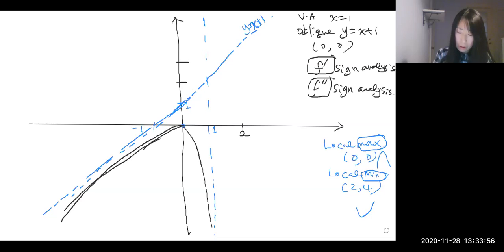This is a 4. 1, 2, 3, 4. Okay, so 2, 4. So local maximum. Okay, I mean minimum, sorry. So this shape looks like this.